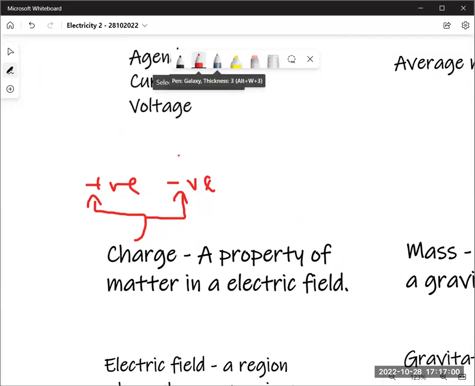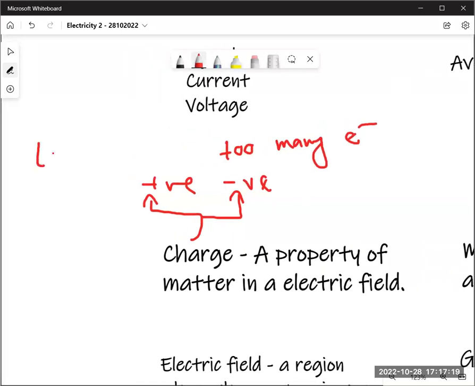We can get it from the earth. No, from electrons. We get the negative charge when we have too many electrons. And we get positive charge when we have too few electrons.